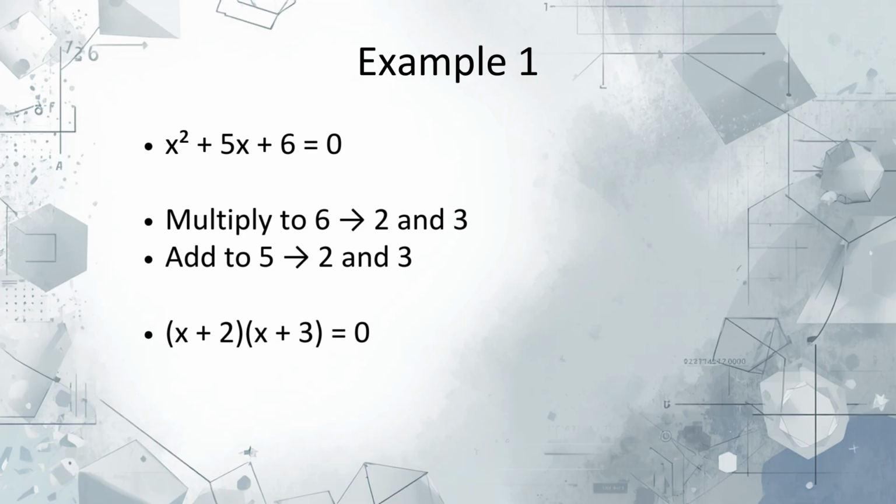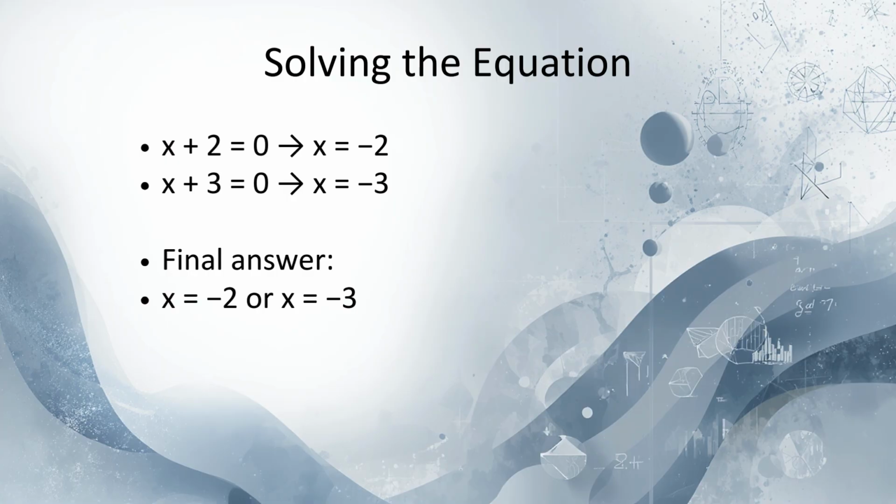Finally, what we do, we use the zero product rule. What that means, if two things multiply to 0, one must be 0. So if x plus 2, that's one of the brackets, is equal to 0, x must be equal to minus 2. When we rearrange it, think of sending the plus 2 to the other side of the equal sign and making it minus 2.